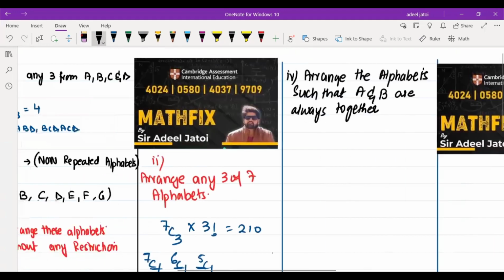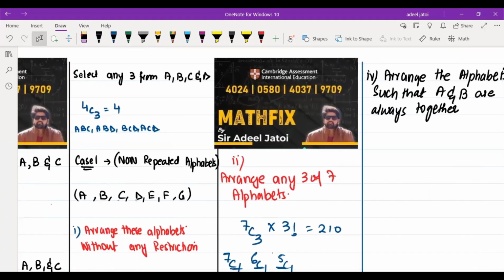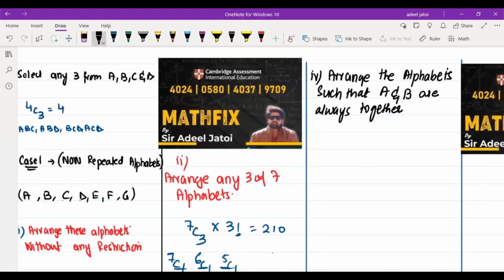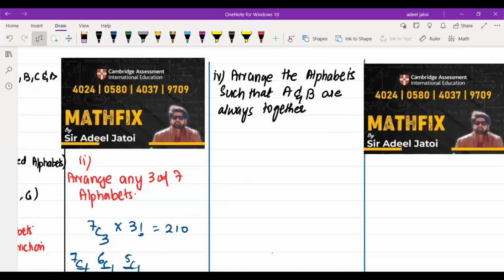Now, since we know that case 1 is non-repeated alphabets, A, B, C, D, E, F, G are the 7 alphabets. The question is to arrange the alphabets such that A and B are always together. In part 4, the question says arrange the alphabets such that A and B are always together.